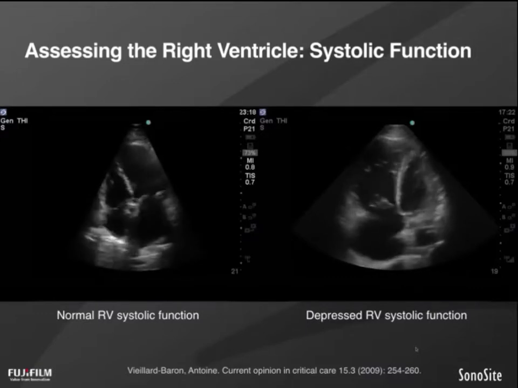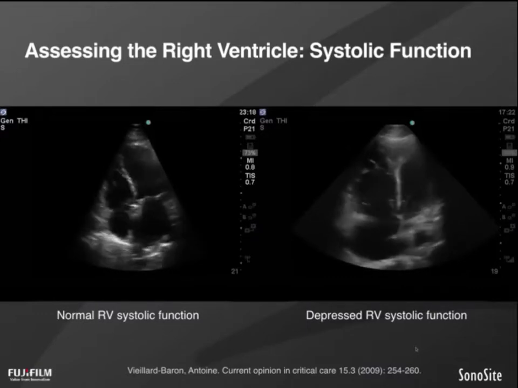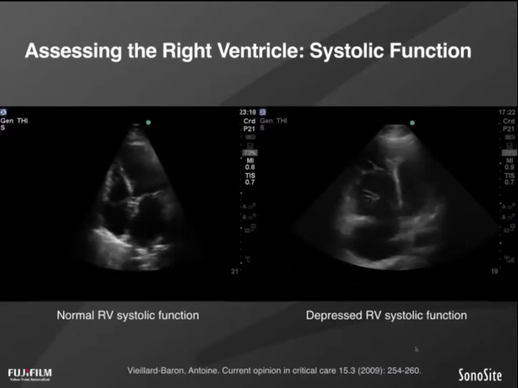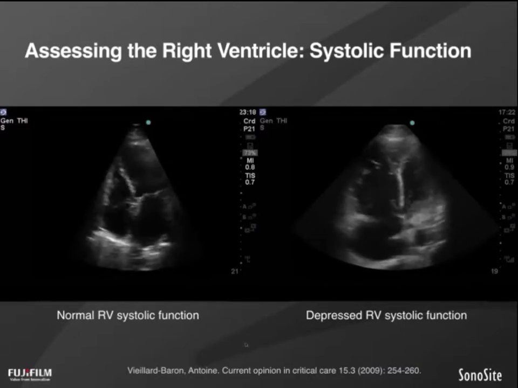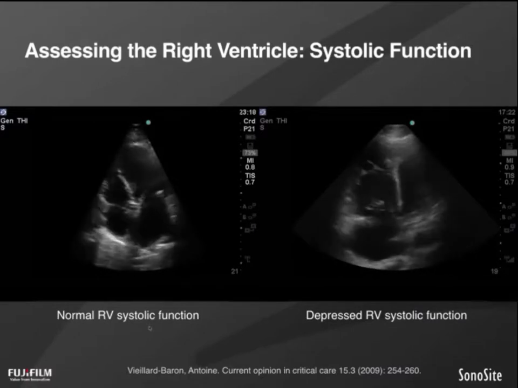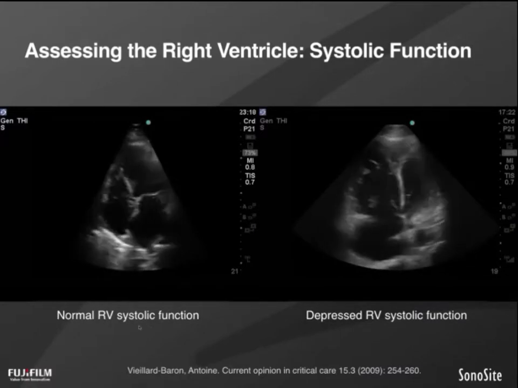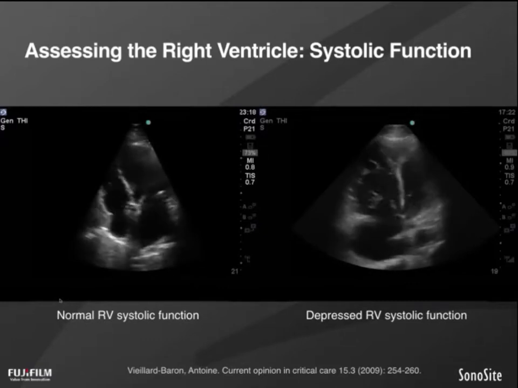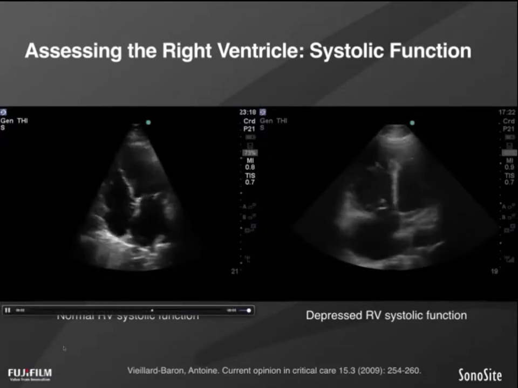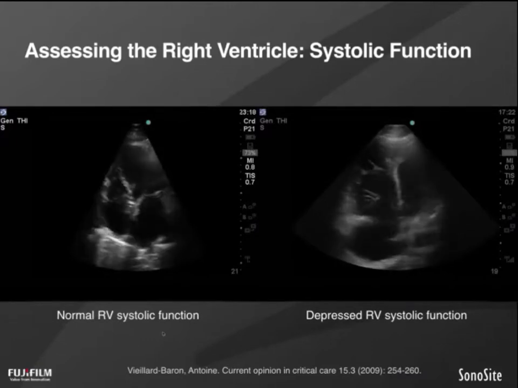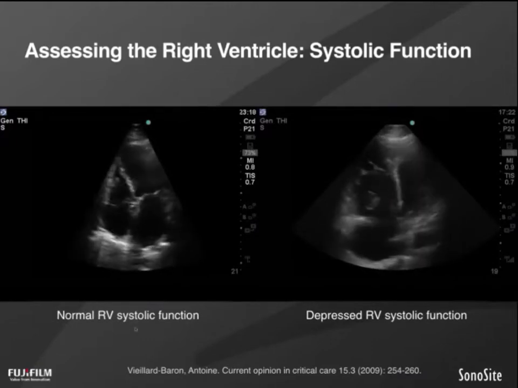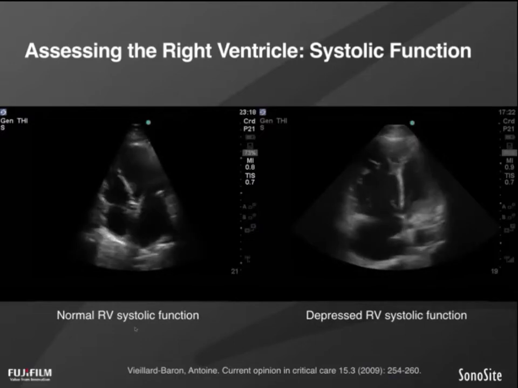Now, the recipient of much less attention than left ventricular function is right ventricular systolic function. And I just want to raise your awareness of how the right ventricle contracts differently than the left ventricle. When you look at the right ventricle here on the left-sided image, we can see that very vigorous right ventricular contraction is taking place, but not so much in a concentric fashion, like a squeeze towards the middle.